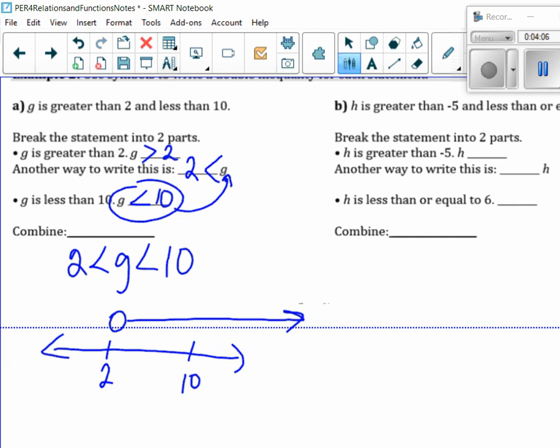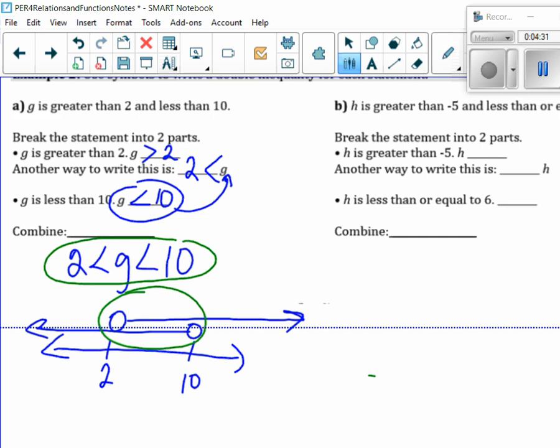Yes? And then less than 10 would be a circle not filled in going this way. And so when you combine them together, do you see that together they're the overlap of the 2? Do you see that? So this graph, essentially open circle going this way to open circle, is the same thing as this representation right here. Okay? Because you're going to see this on the graph, and you're going to have to find the domain and range and stuff like that.